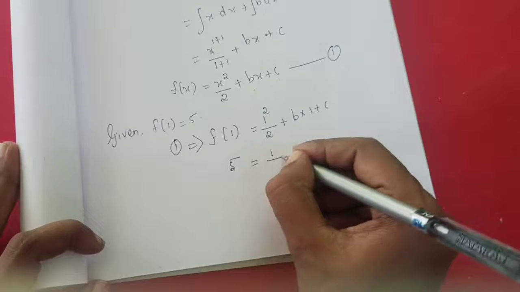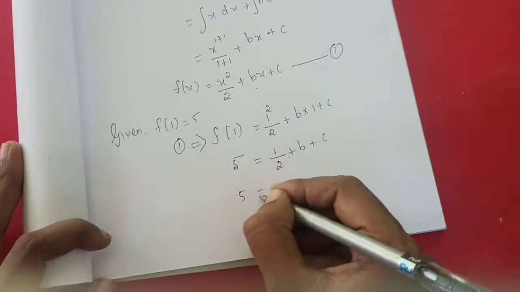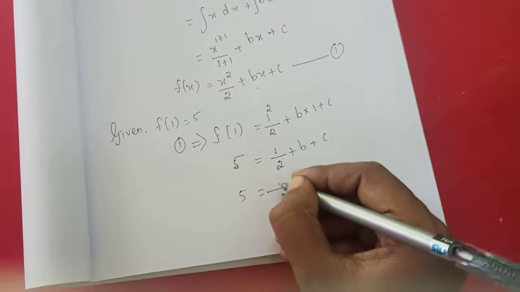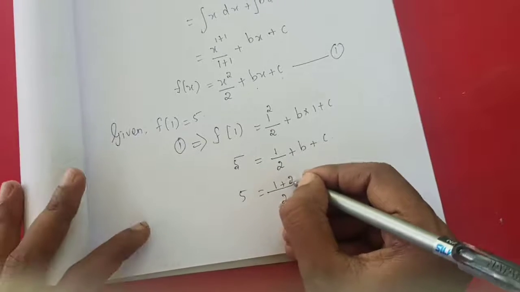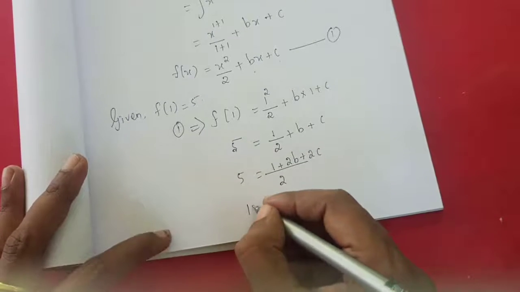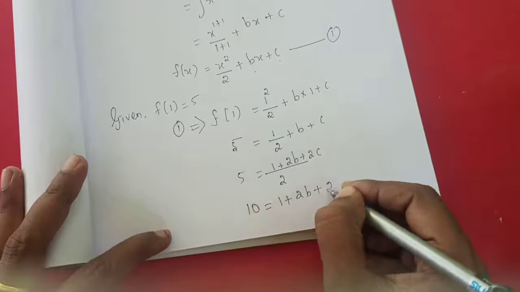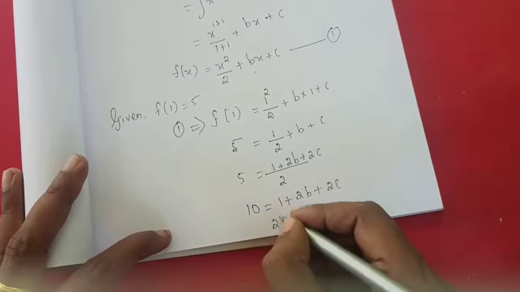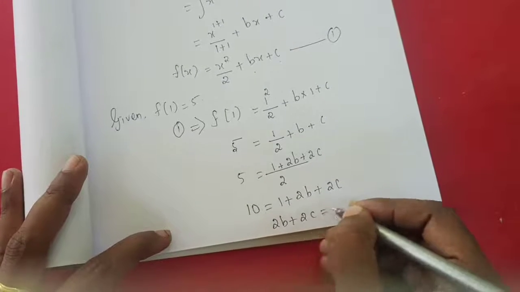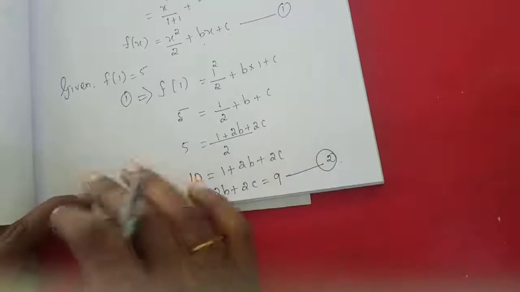So 5 is equal to 1 by 2 plus b plus c. Take the LCM, that is 2. So 1 plus 2b plus 2c. Cross multiply: 10 equal to 1 plus 2b plus 2c. Bring this over, so 2b plus 2c is equal to 10 minus 1, that is 9. Keep it as equation number 2.